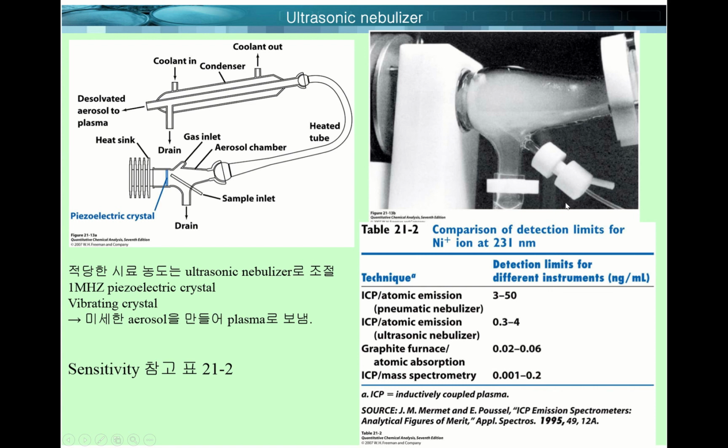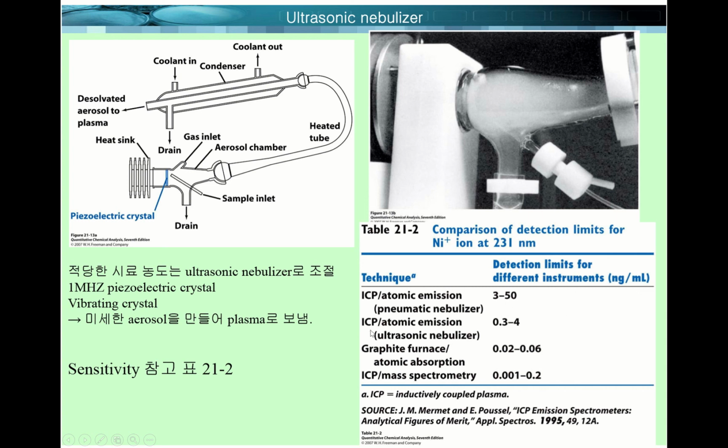And look at this table. It compares the detection limits for nickel ion at 231 nanometers, depending on the technique. For ICP atomic emission, the detection limit is 3 to 50 nanograms per milliliter.